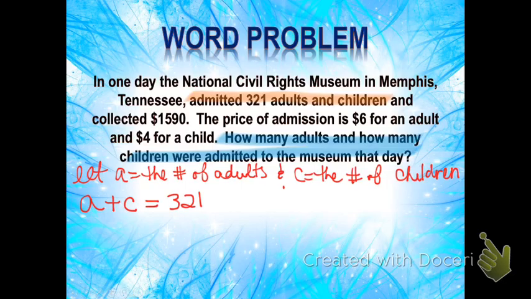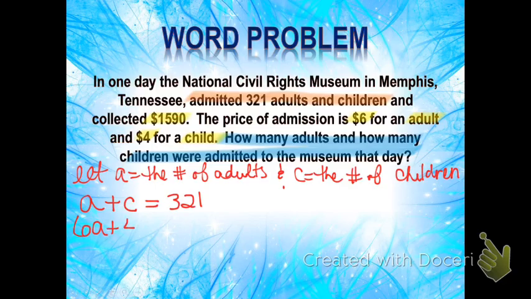Next, we need another equation. In this case, our other equation is going to be about price. We've got a total price of $1,590. And I know that it's $6 each for the adults and $4 each for the children. So $6 times the number of adult tickets would give me the total price of all of the adult tickets sold.